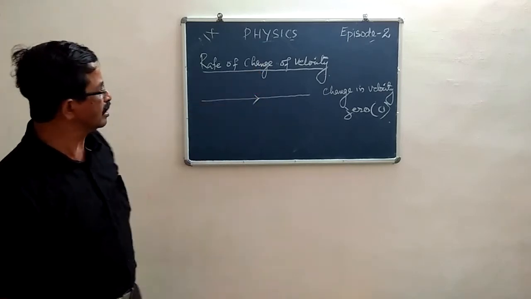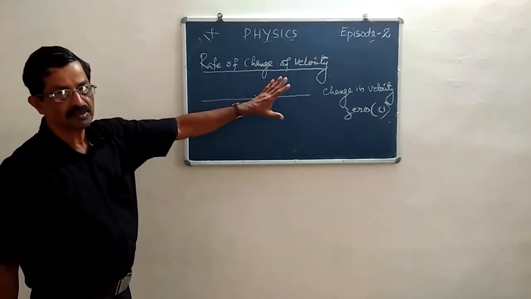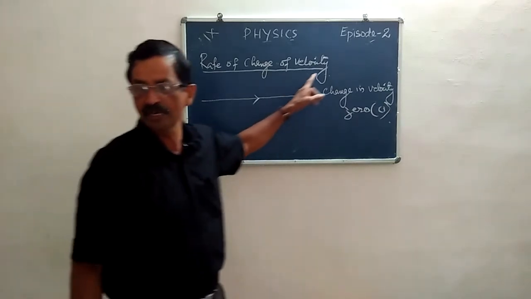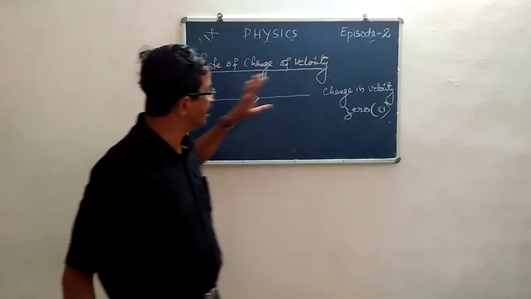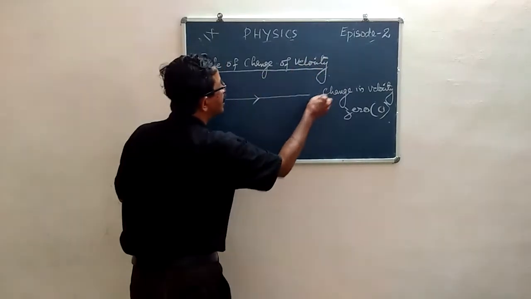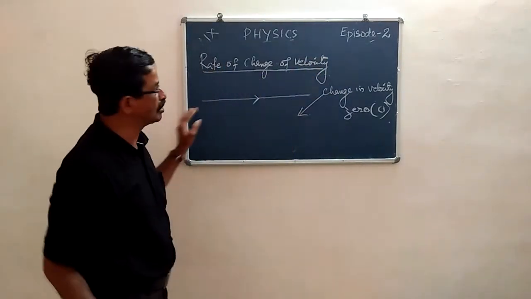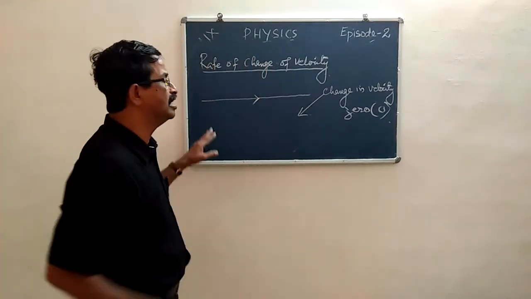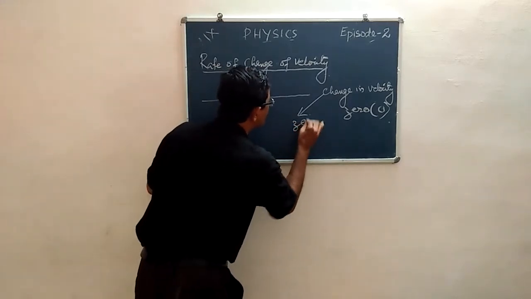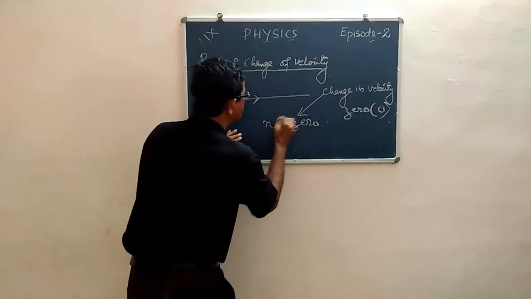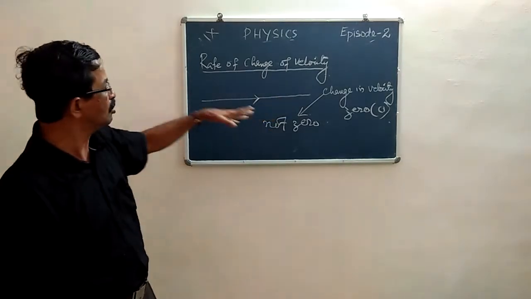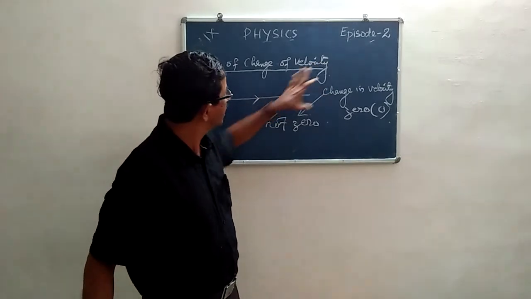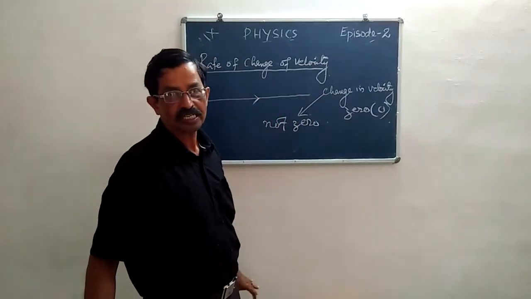If it is not moving with a uniform velocity, then its change in velocity is not 0. That means if the body is not moving with a uniform velocity, then its change in velocity is not 0.